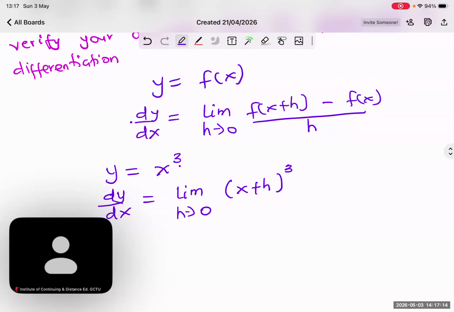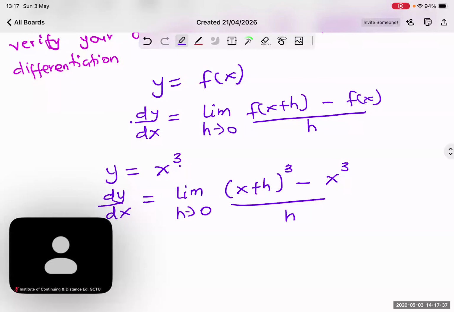So we have x plus h all cubed. Minus, we go to the third part of the formula. The third part of the formula is f of x, which is the original function that you've been given. So here I have x plus h all cubed minus the function itself, which is x cubed, divided by h.